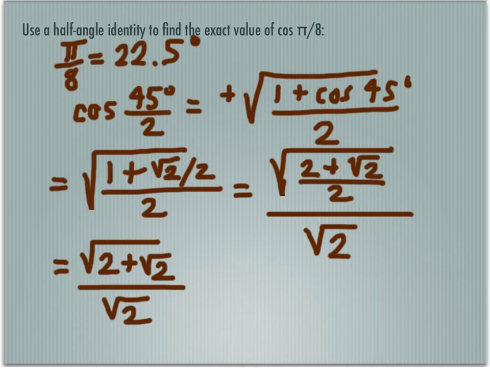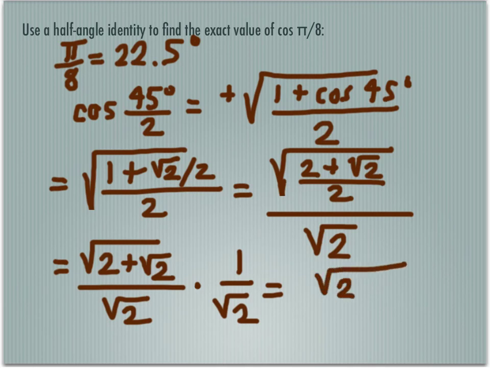Now, dividing by the square root of 2, that's like multiplying by 1 over the square root of 2, right? So now when I multiply across, I get square root of 2 plus square root of 2, like that. My denominator, square root of 2 times the square root of 2 is the square root of 4, which is just 2. And that's basically my answer right there. That's the best I'm going to do, I think.